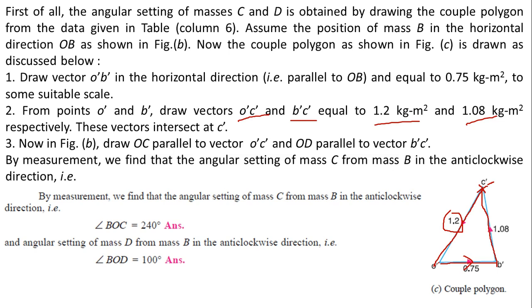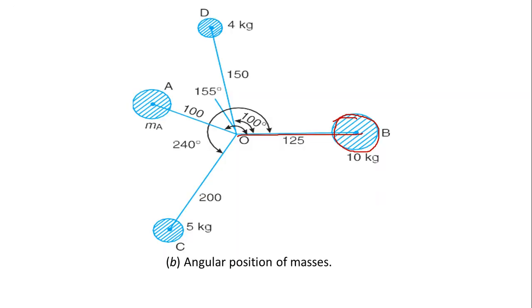Now from the figure here, you can draw the line parallel. O dash C dash can be nothing but OC, so you can draw it parallel, and B dash C dash you can take as a vector and draw parallel with respect to OD. This direction, whatever is there, O dash C dash, you can draw parallel here.